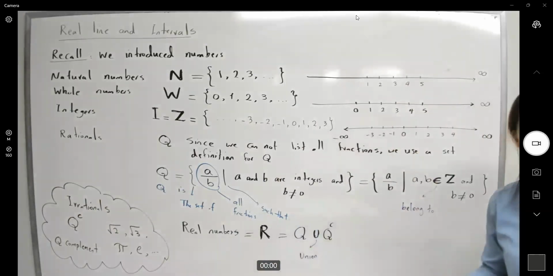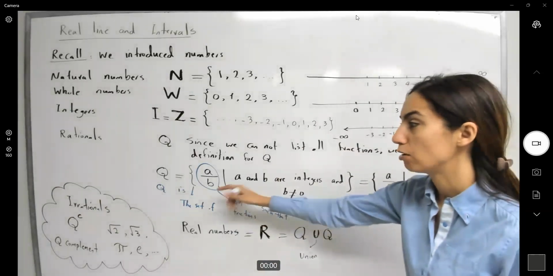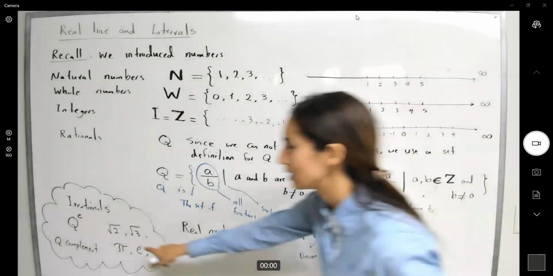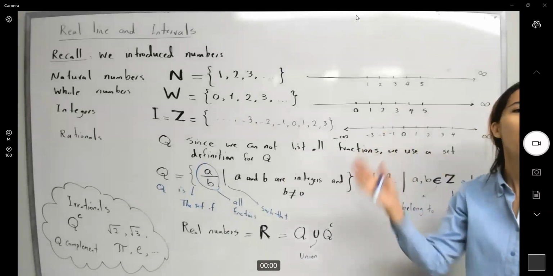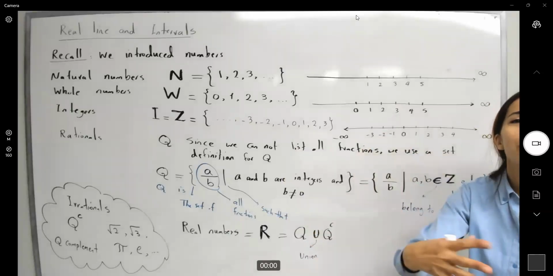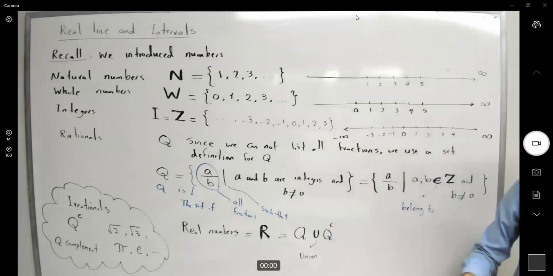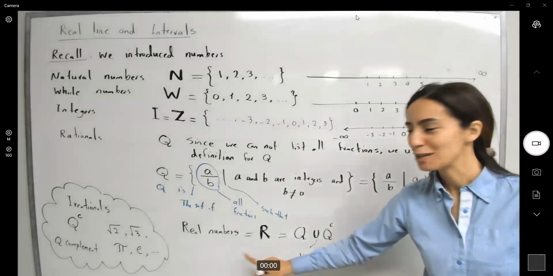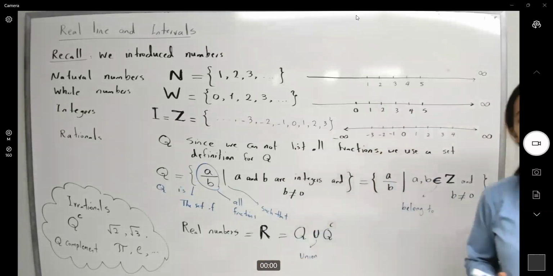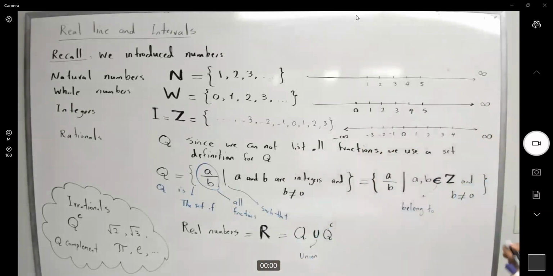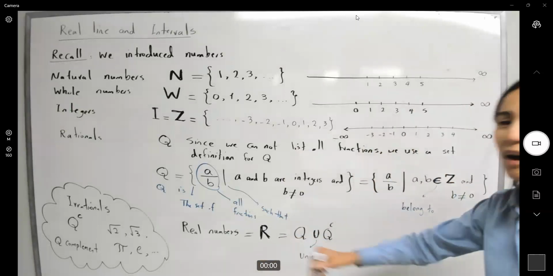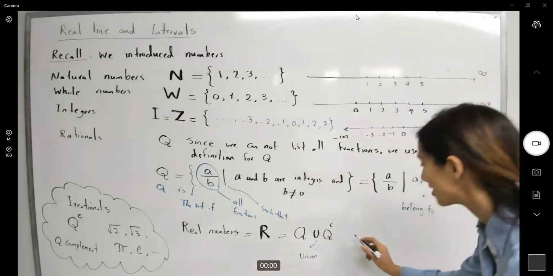What do I mean by that? It means that I'm taking all fractions, all square roots, pi, Napier number, and all of those numbers, putting them all together in one set, and I call it R, or real numbers. If I ask you to graph this, what are you going to do? You're going to say, hey, it includes all numbers on the horizontal line.